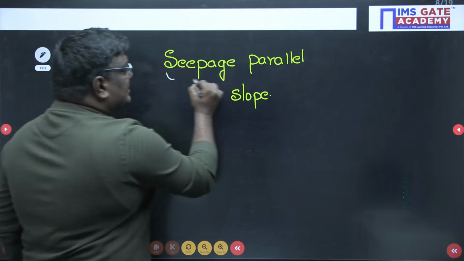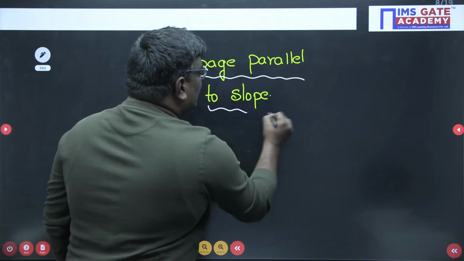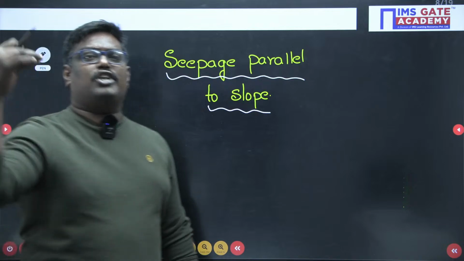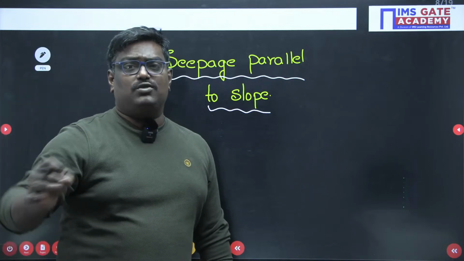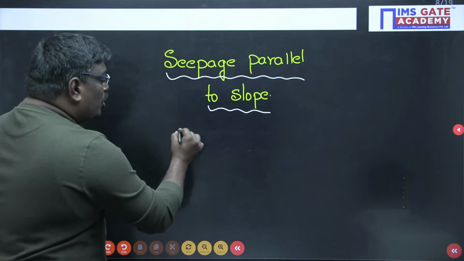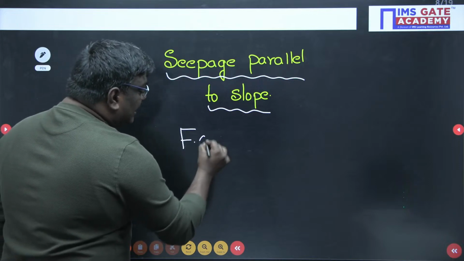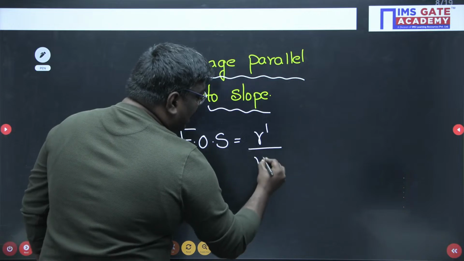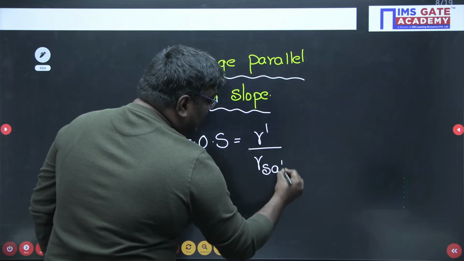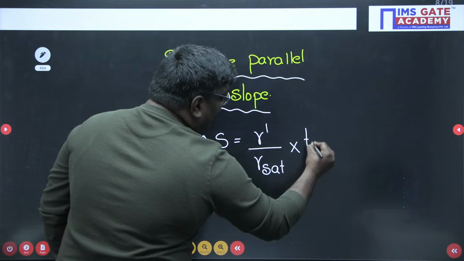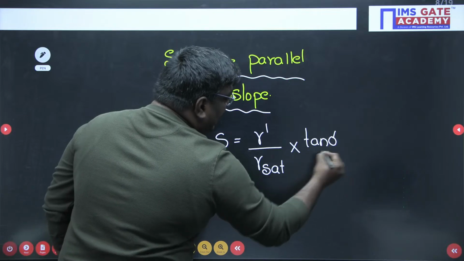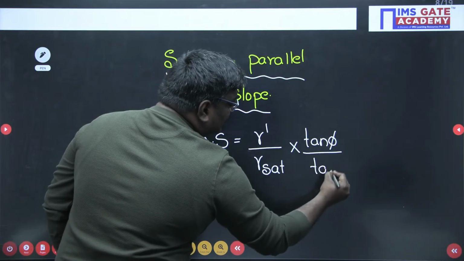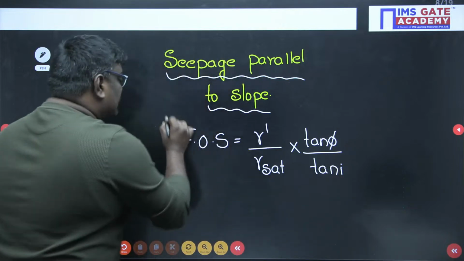When the seepage is parallel to the slope, if you see my offline notes or online notes or any geotechnical series, quick revision or anyone, I have told you clearly the factor of safety when seepage is parallel to the slope is given by the formula gamma dash upon gamma sat into tan phi upon tan i, where gamma dash is the submerged unit weight and gamma sat is the saturated unit weight.